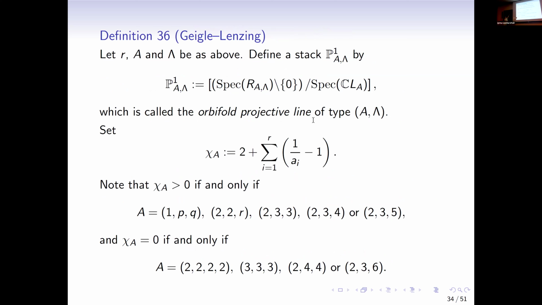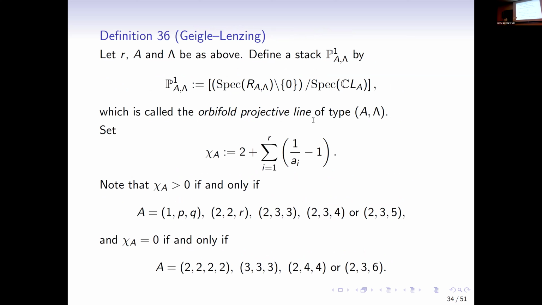By using this ring R and grading L, the orbifold line is defined in this way. And by using this large A, we can consider this number chi A, the orbifold Euler characteristic.